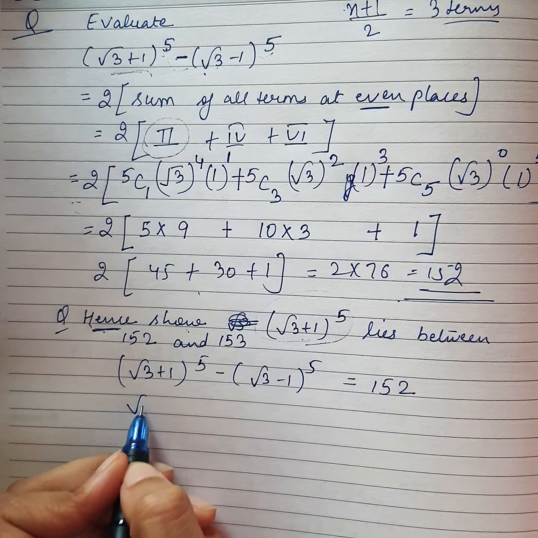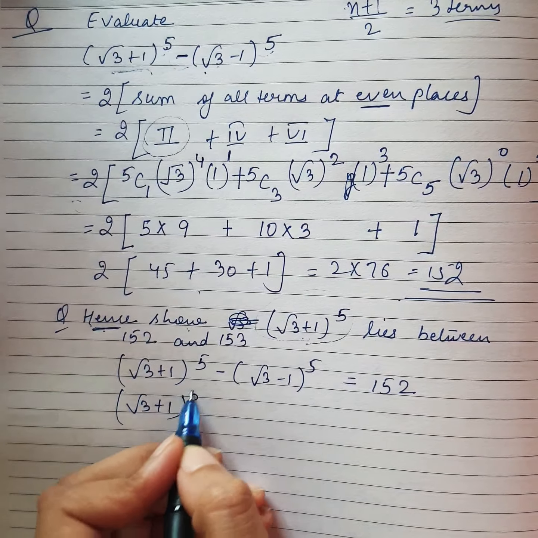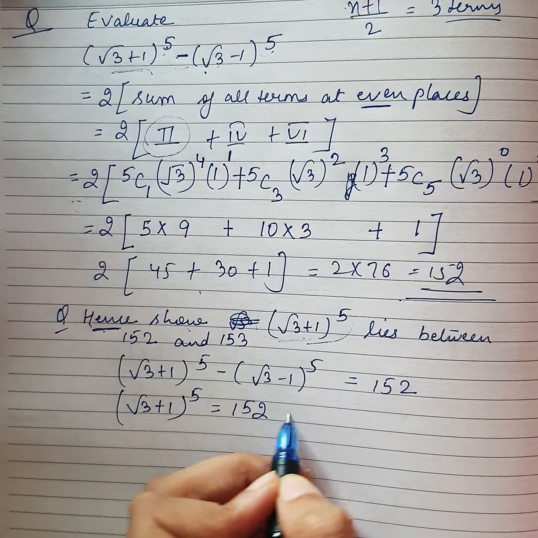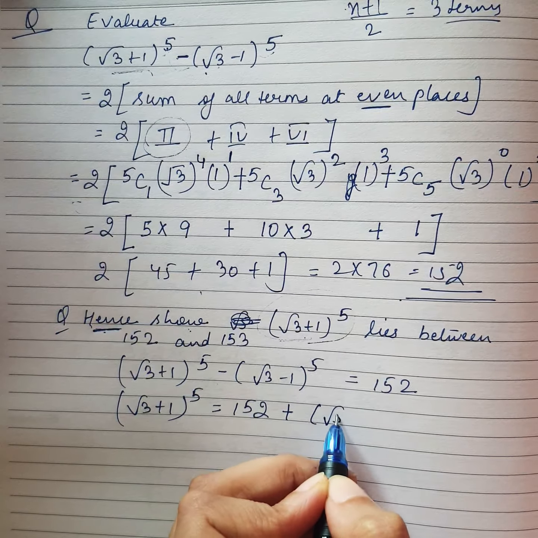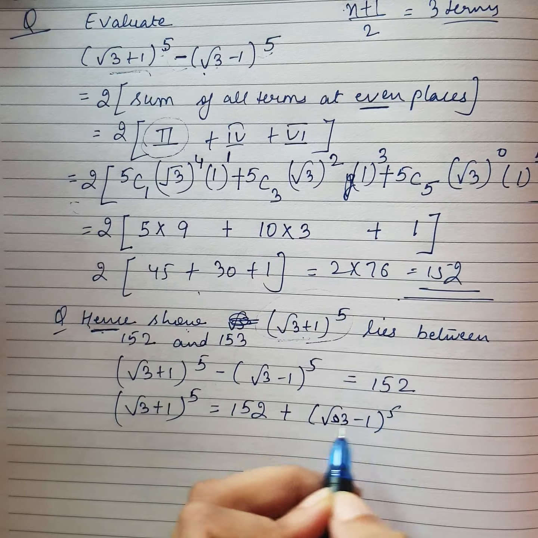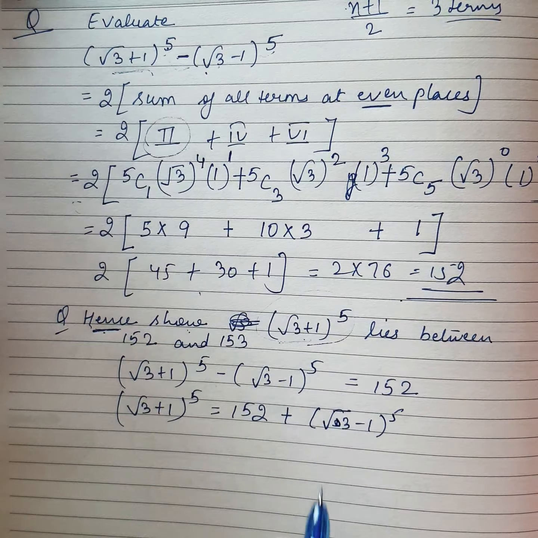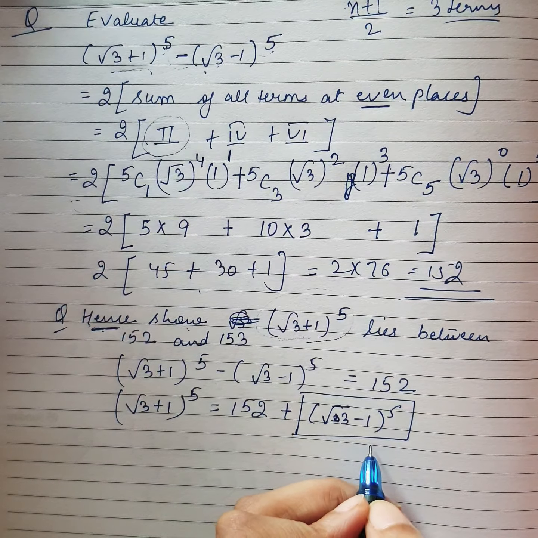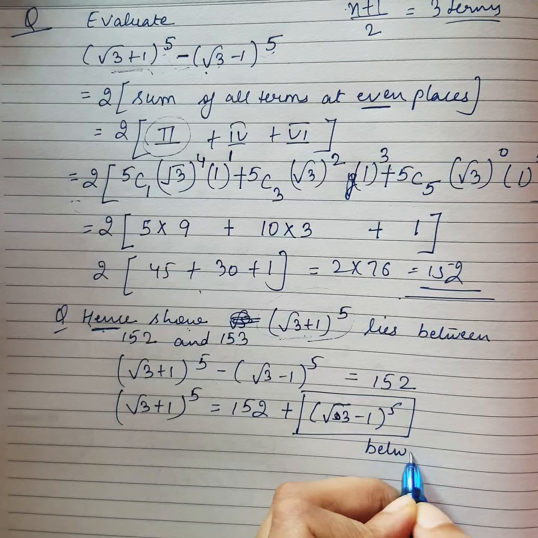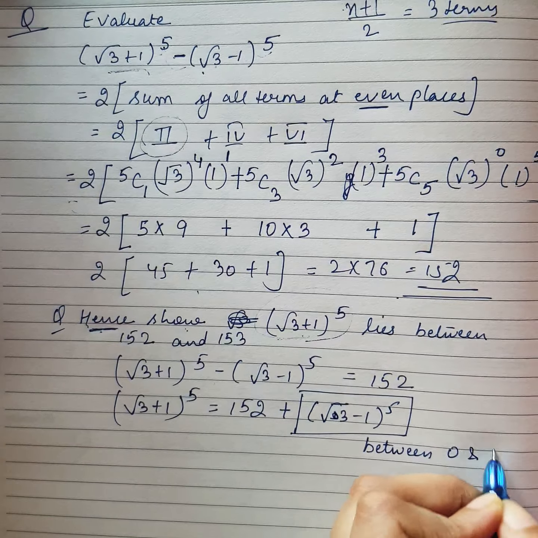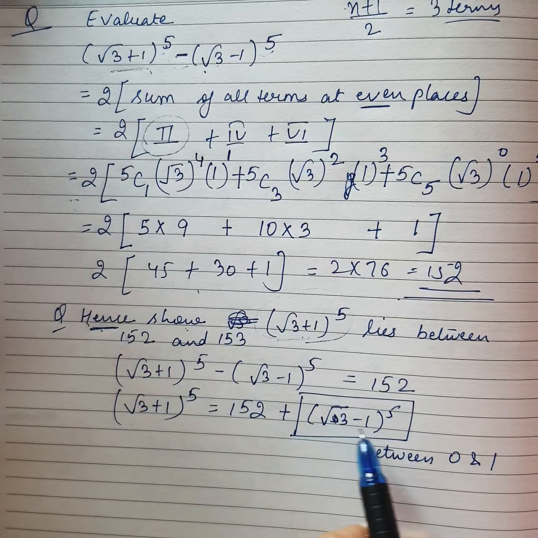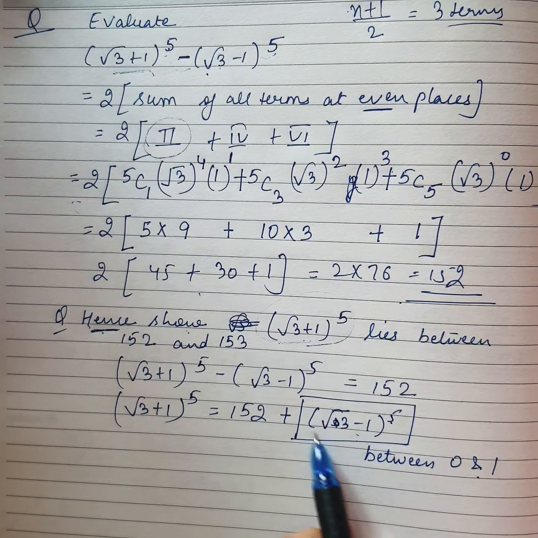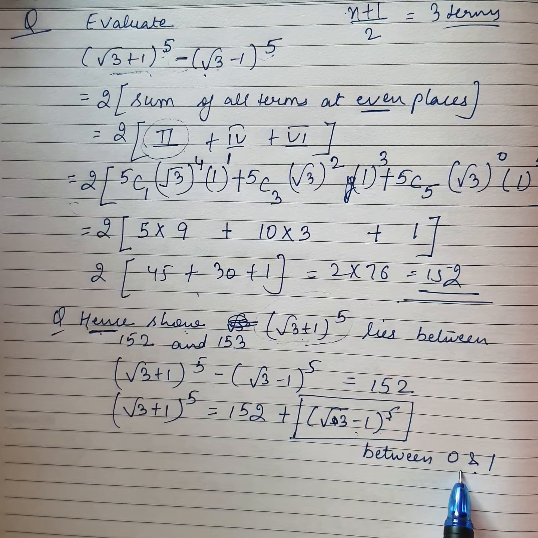I need to find this, so keeping this on one side, this will be 152, and when I shift this term, this will be plus (root 3 minus 1) to the 5. Now this term will lie between 0 and 1. Root 3 value, subtracting 1 and raising power 5, the value of this particular term will lie from 0 to 1.